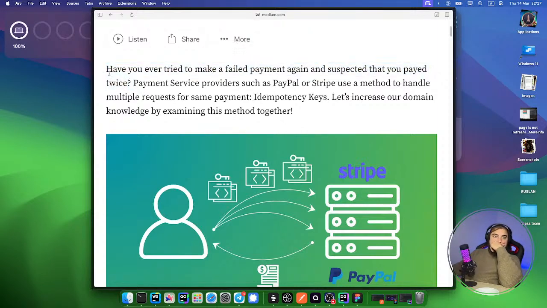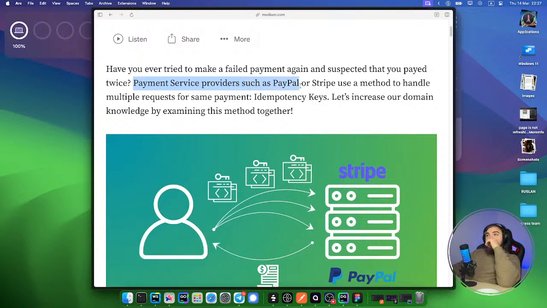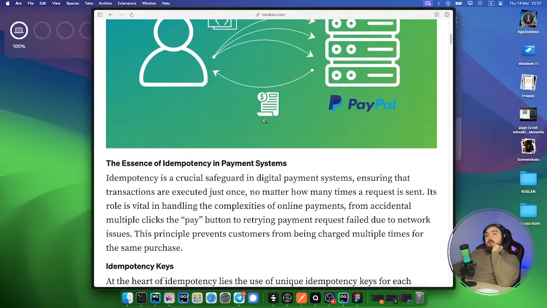Oh my god, it's the main problem when you're solving a lot of problems. This one is the hardest one. "Payment service providers such as PayPal or Stripe use idempotency keys to handle multiple requests for the same payment. Let's increase our domain knowledge by examining this method together."